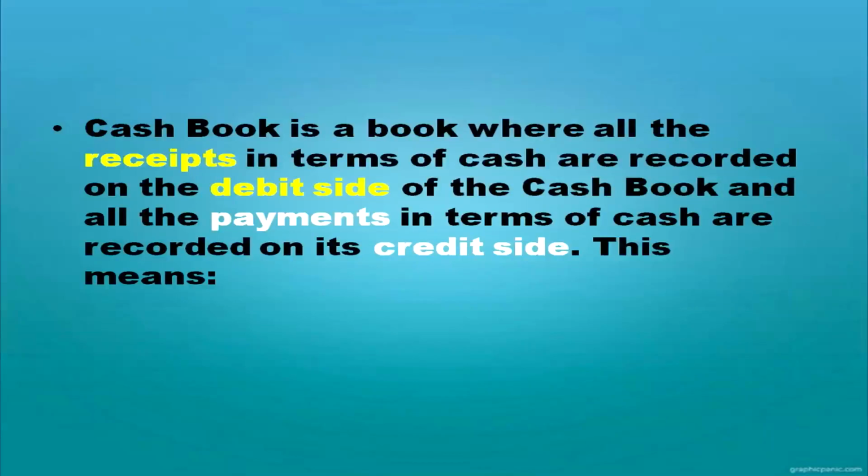The rule for the asset account is: increase in asset will be debited and decrease in asset will be credited. The cash book is a book where all the receipts are recorded on the debit side and all payments are recorded on the credit side. Receipts mean cash receipts, and payments mean cash payments.